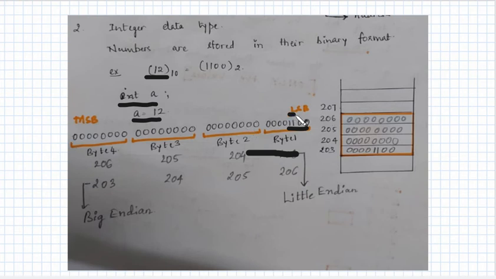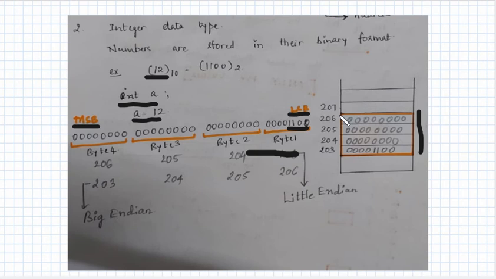So this is called the least significant byte and this is the most significant byte. We know that an integer occupies 4 bytes in the memory. Now I have just highlighted these 4 bytes, that is 203, 4, 5 and 6. So these are the 4 bytes inside our memory.